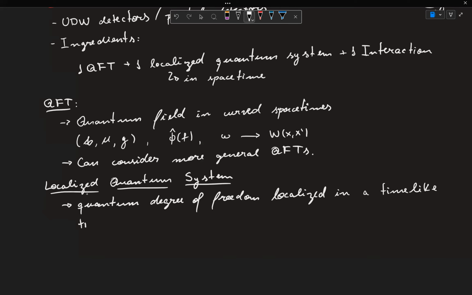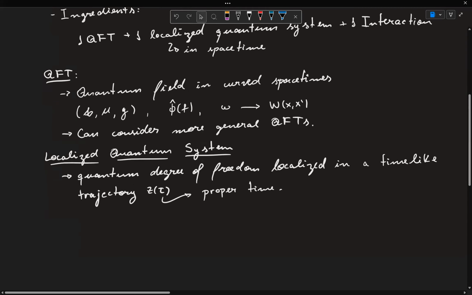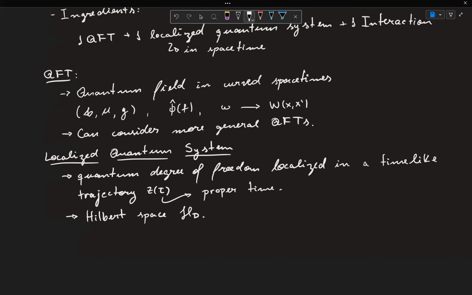So a time-like trajectory z of tau. Okay, and tau here, I'm going to assume that this is the proper time of this trajectory. And of course, this quantum system will be described in a Hilbert space. So let's call this a Hilbert space H_D, D for detector.